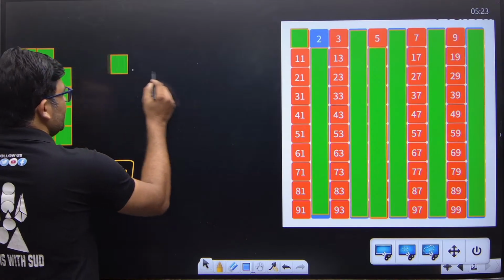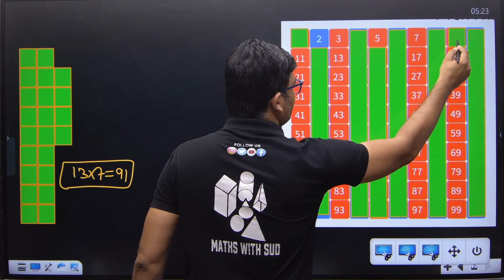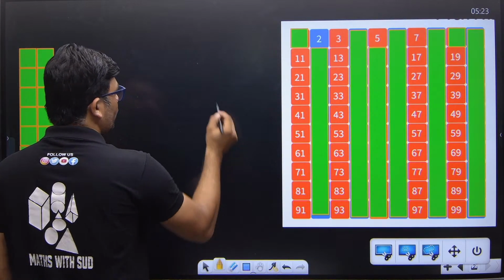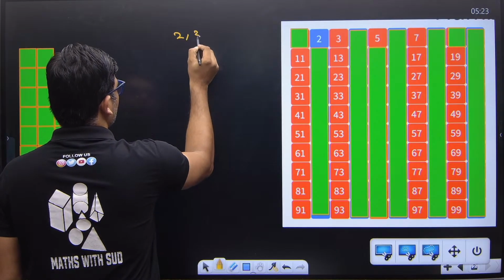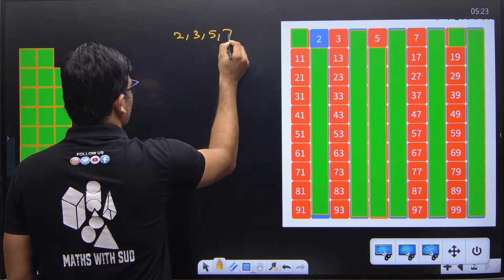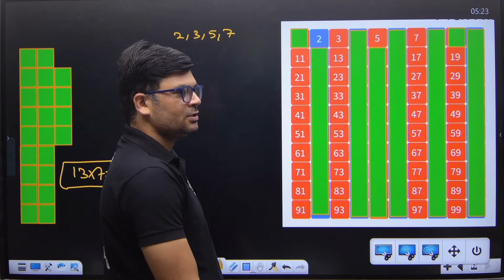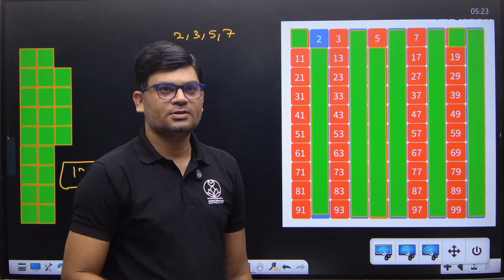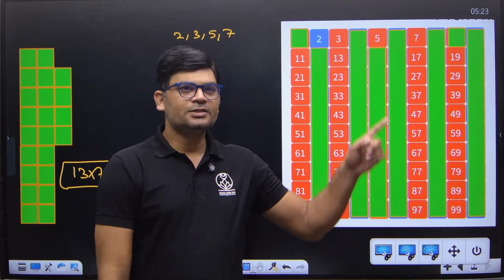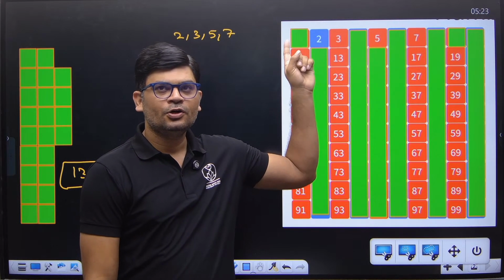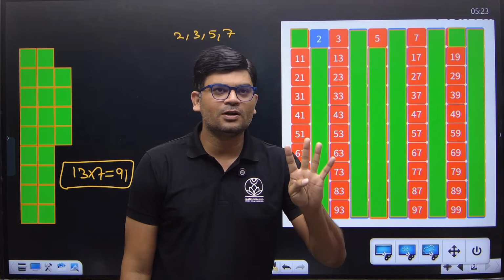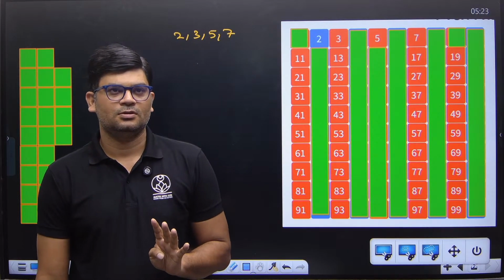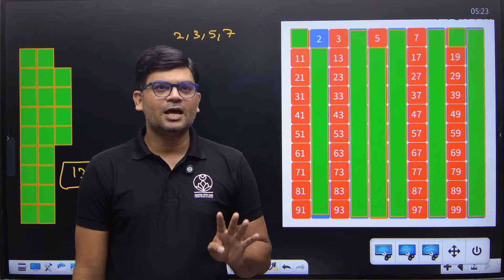So I'm crossing that 9. From the first row, I got only 4 numbers: 2, 3, 5, 7. You can write these 4 numbers, cross all other numbers, and encircle these. These 4 numbers are prime numbers.